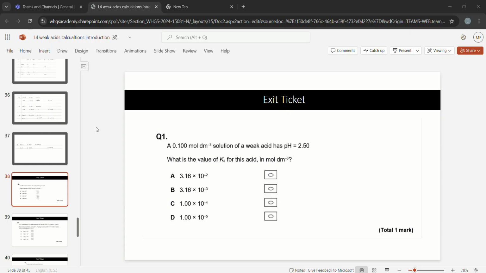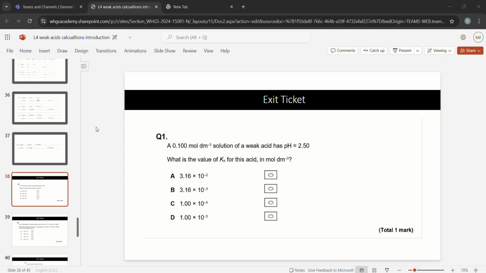Concentration of cyanide ions. HCN was that.